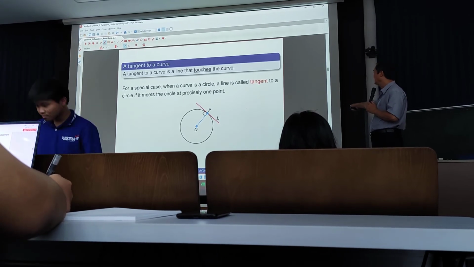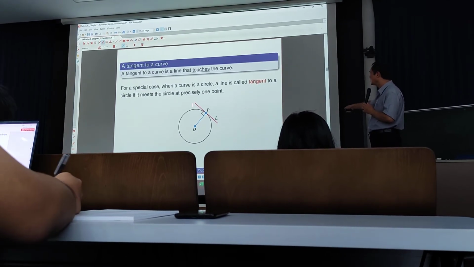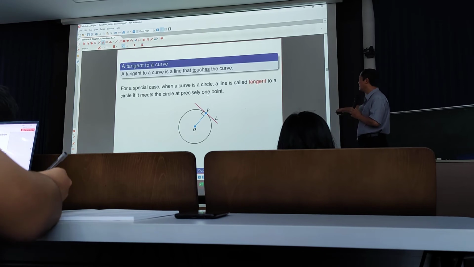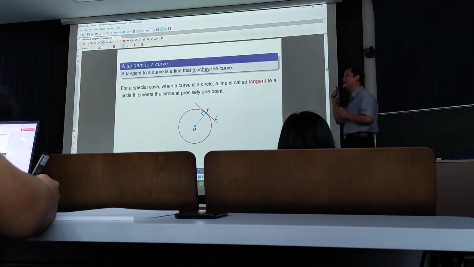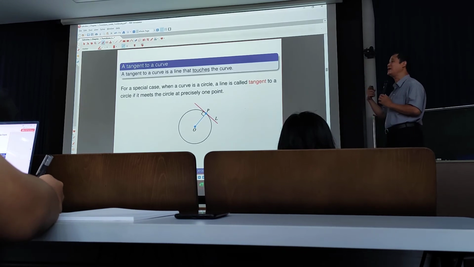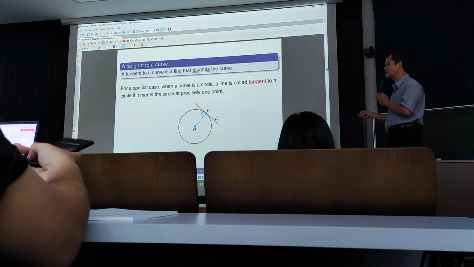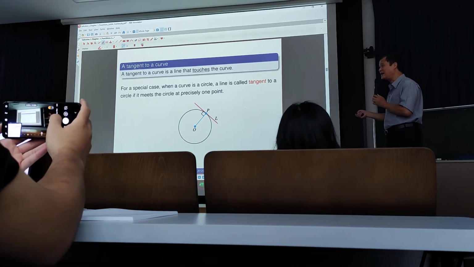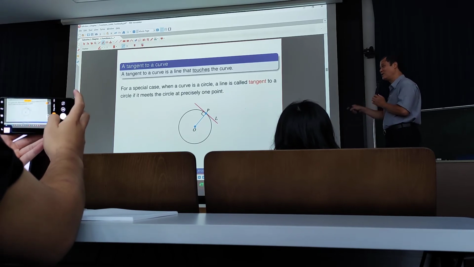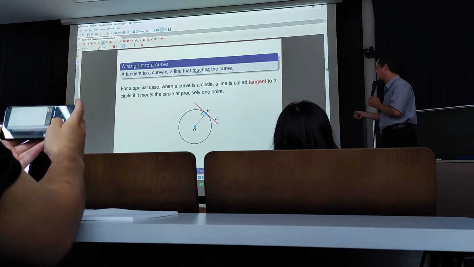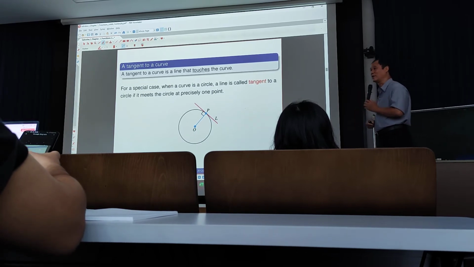This line is called a tangent if it meets the circle at precisely one point. In English, we can also say it in another phrase: if it meets the circle at one and only one point. One and only one point, or at precisely one point, it is the same. So, different ways of talking.